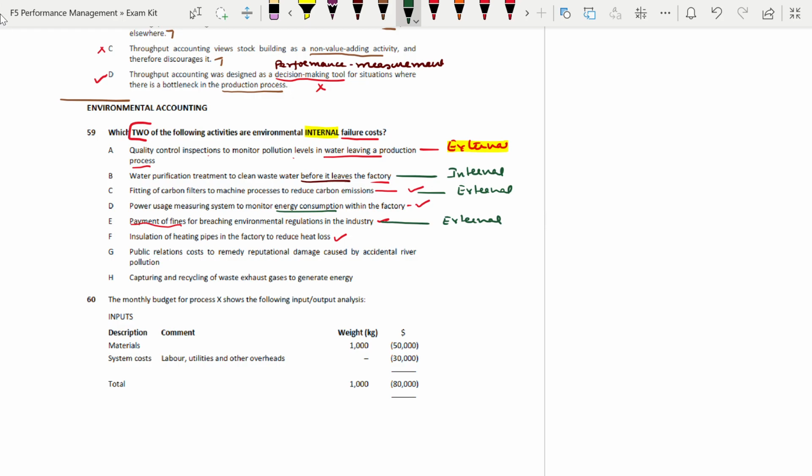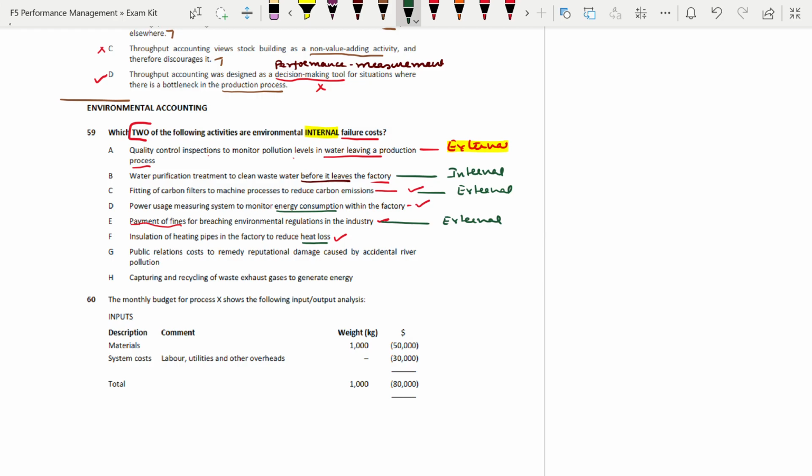Installation of heating pipes in the factory to reduce heat loss, it's not a failure. It's a cost, but not failure.